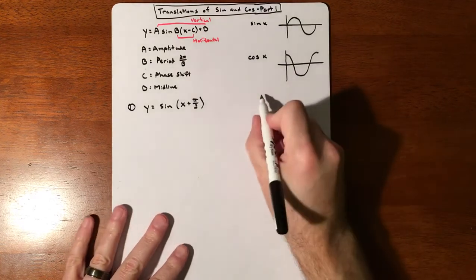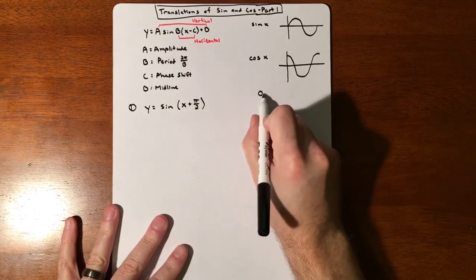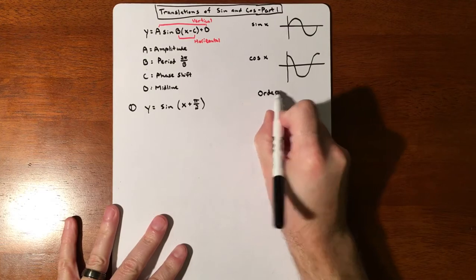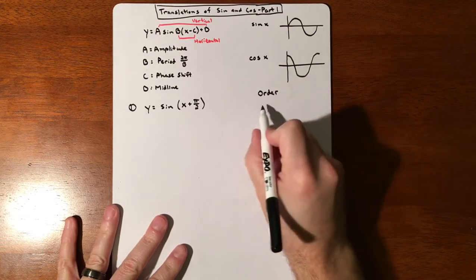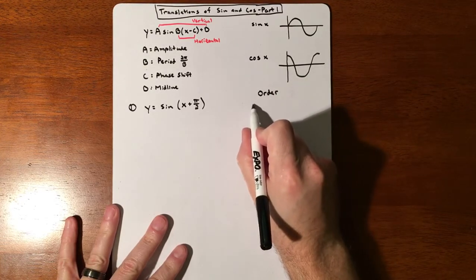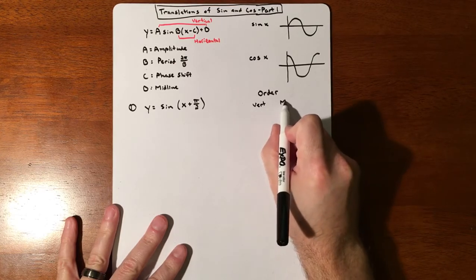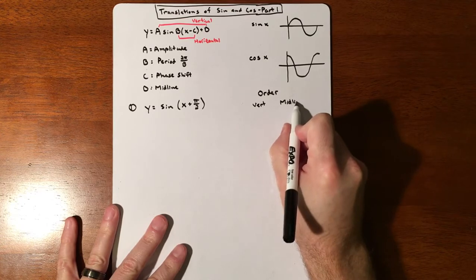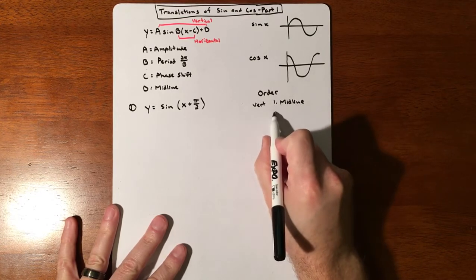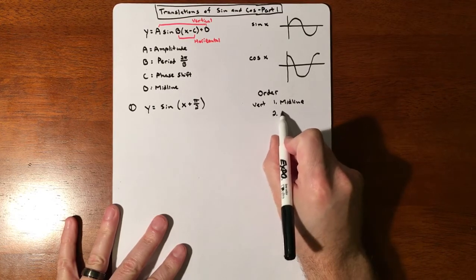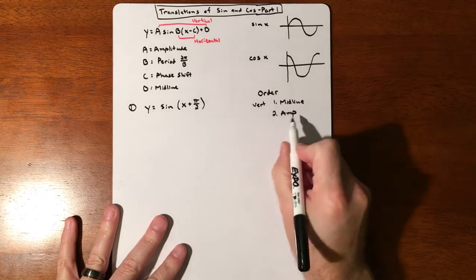Personally, the order that I do this in is I take care of all the vertical pieces first. For my vertical, I take care of my midline first, and then my amplitude second.